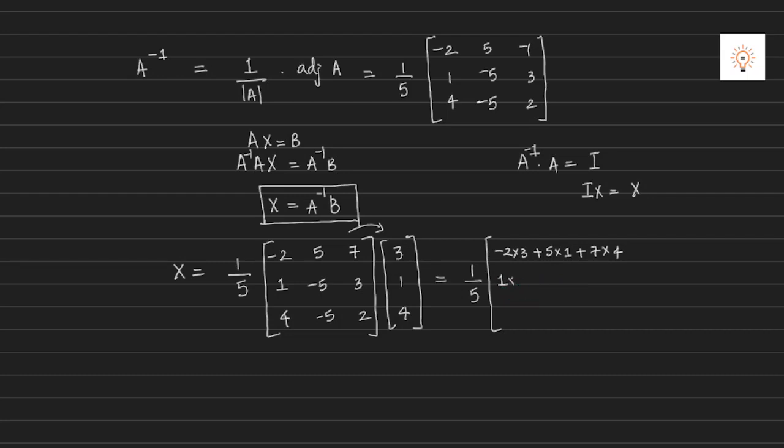So I have 1 times 3 minus 5 times 1 plus 3 times 4. Same thing here, 4 times 3, -5 times 1 plus 2 times 4. And when I do this, I'll get -2 times 3 is -6 plus 5.